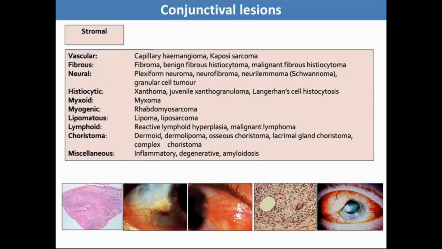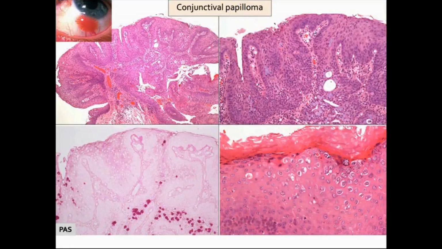the most common lesions. So a conjunctival papilloma is slightly different to the squamous cell papilloma of the eyelid in that it still contains the goblet cells of the conjunctiva, which can be highlighted in the PAS.